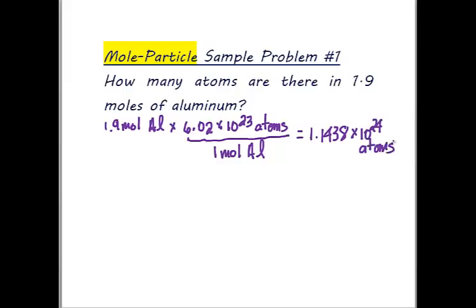All that remains now is for me to consider the significant digits or significant figures issue. 1.9, that's two significant figures, so if I want to be just perfect, what I would call this is 1.1 times 10 to the 24th atoms of aluminum. And that concludes our first sample problem.